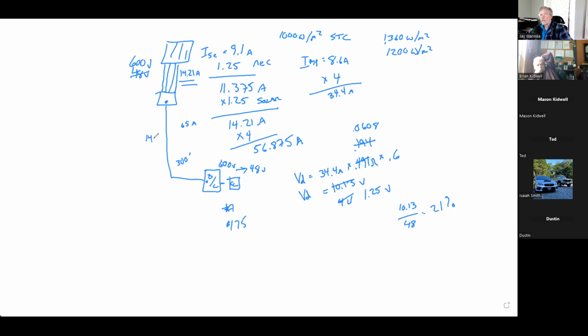So now we've got a 14.21 amp system, and you can see we can probably get by with 10-gauge wire for sure. Now, I never want anybody to use less than 10-gauge wire if you can avoid it, because even if you can get by with 12-gauge or 14, don't use it. You're going to get yourself into trouble. So use 10-gauge as a minimum for your systems.